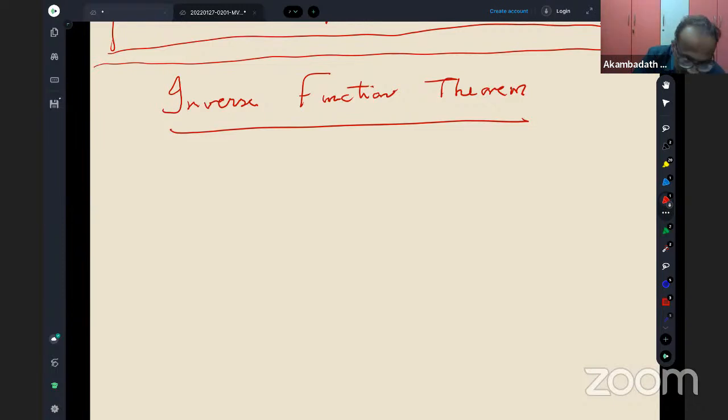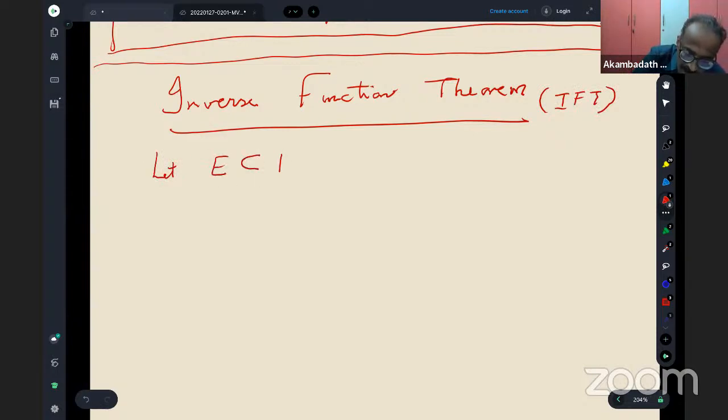So let me start with the inverse function theorem. Okay, so let E, you can use omega, nothing wrong, be open. Maybe I will use omega, and E I will reserve for the implicit function theorem.